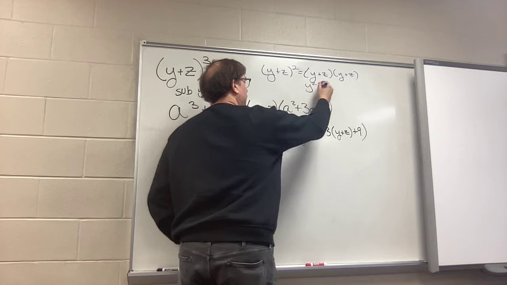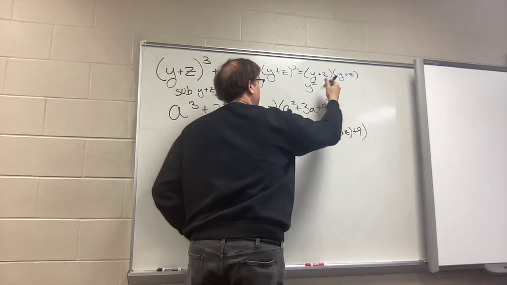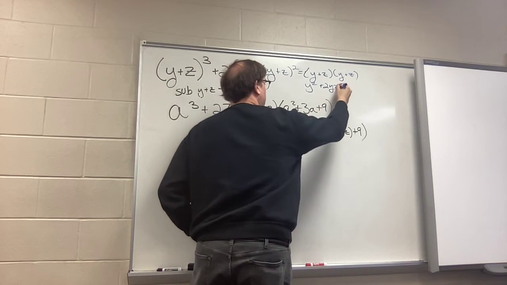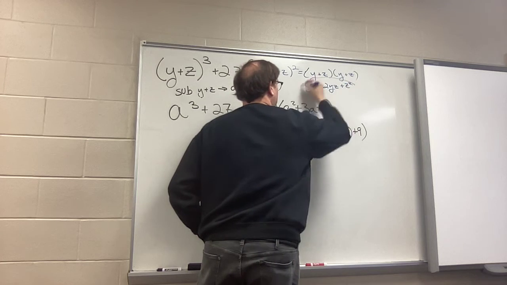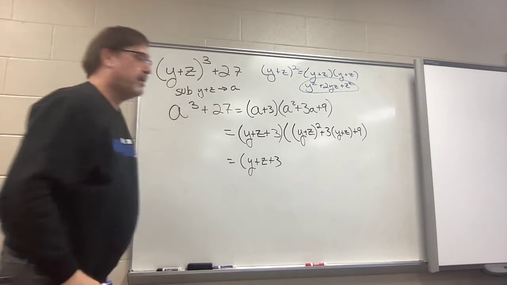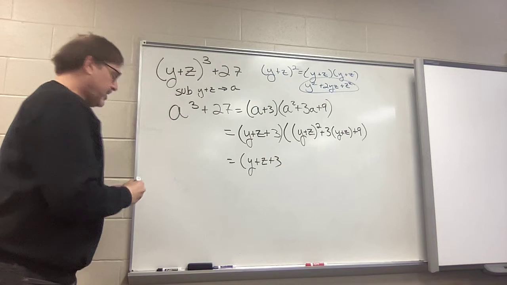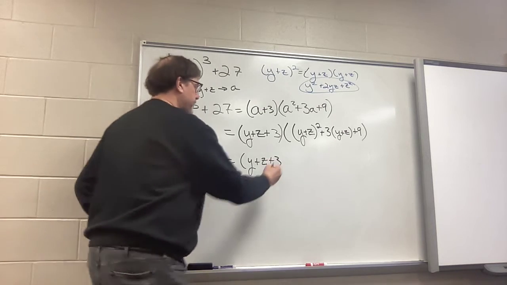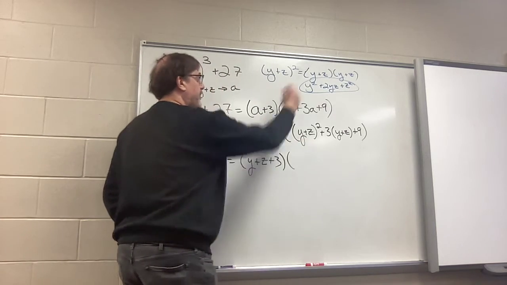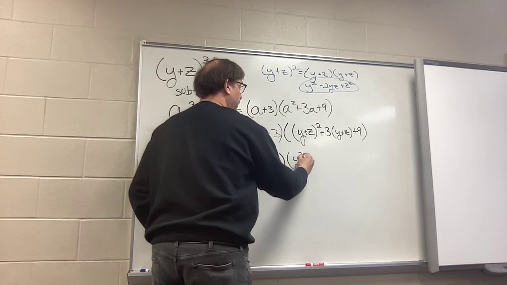First, outside is yz, inside is yz, you get 2yz, last is z squared. You must factor that first, outside, inside, last. y plus z squared becomes that whole mess.